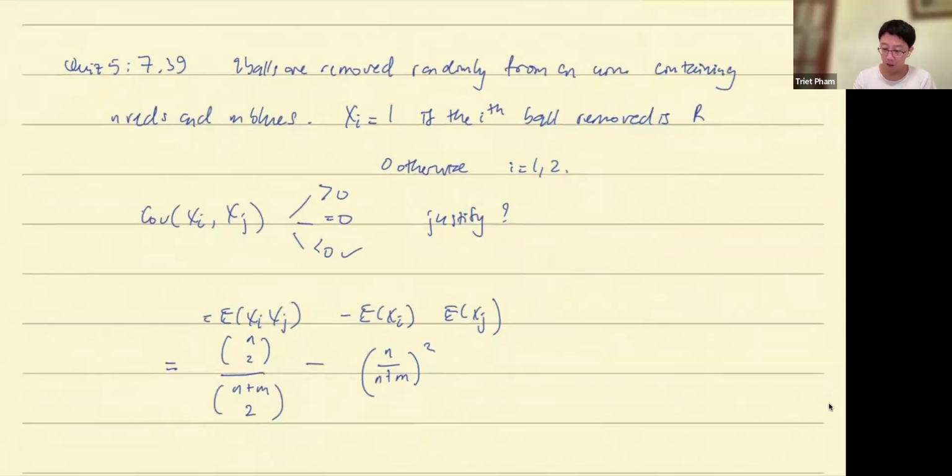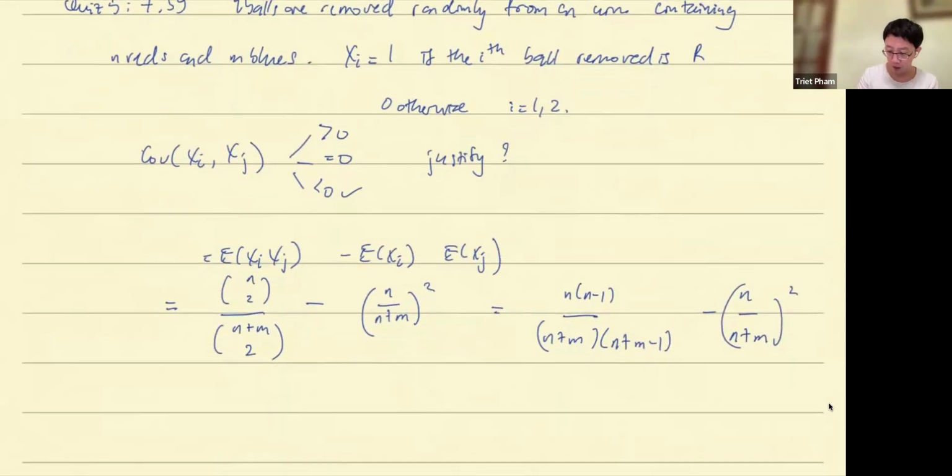Which is n times n minus 1 over n plus m times n plus m minus 1. And you have to do some work here, which is not that hard. Factor out n over n plus m. You have this minus that.